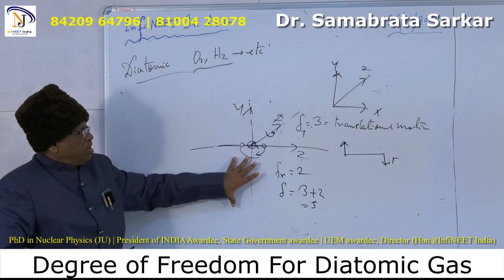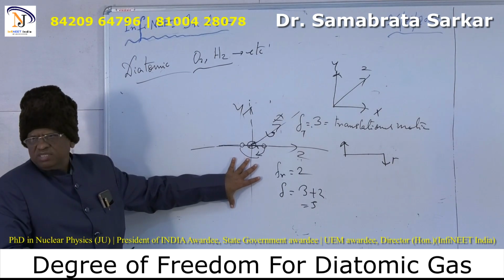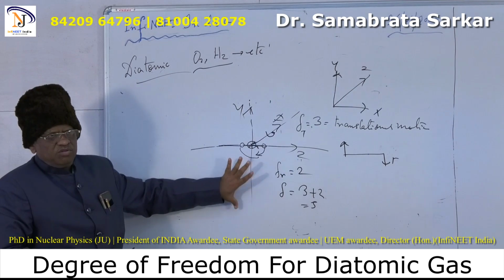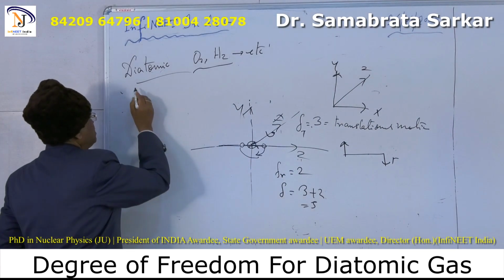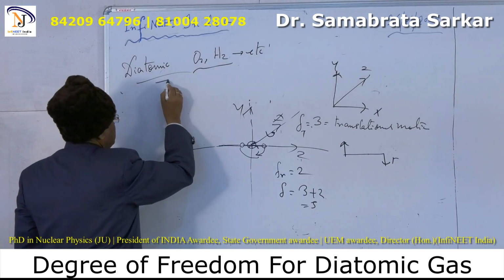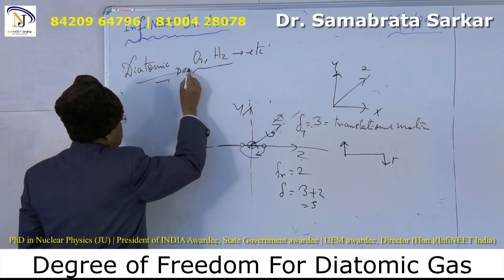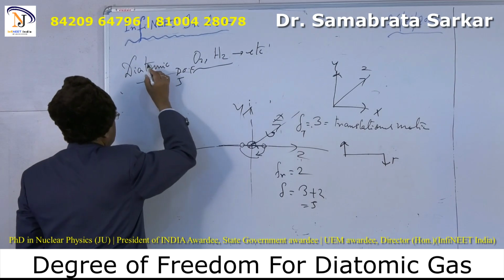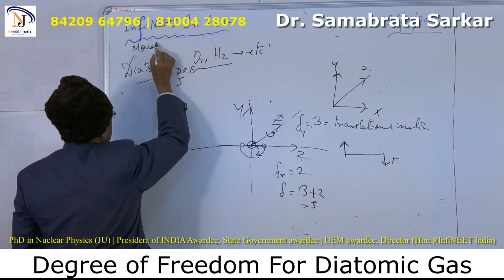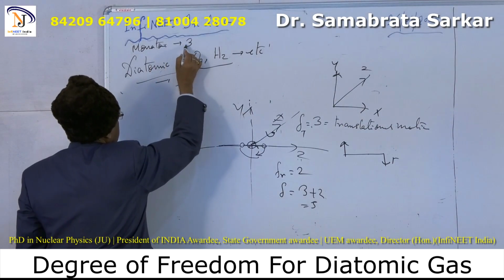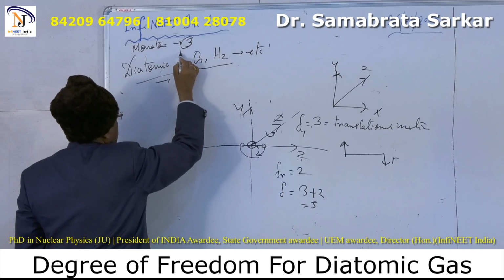I am sure a good number of questions may be asked this year based on these ideas. For monatomic gas, degrees of freedom is 3; for diatomic, degrees of freedom is 5.